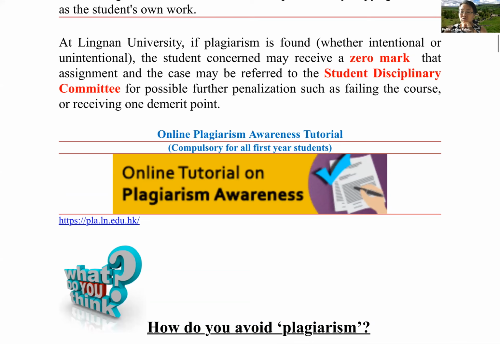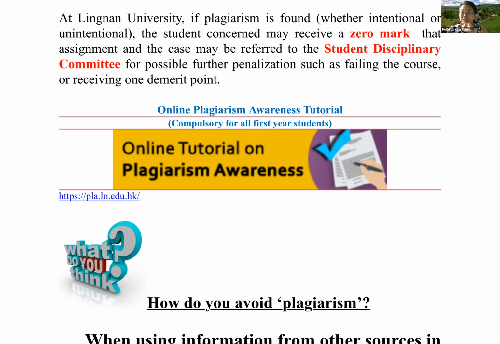In fact, there's a university policy, not from our center, that all first-year students are required to take this online tutorial on plagiarism awareness. And it's just a multiple choice test after you've done the course. I was told that if you haven't done the test, you're not allowed to register for the subjects for the second year.